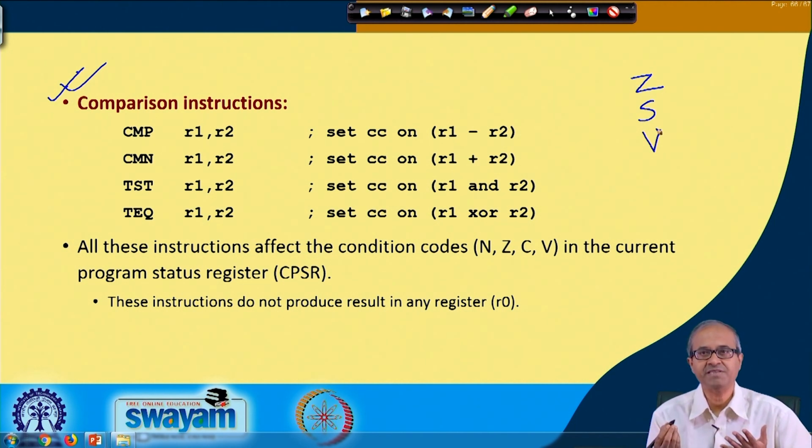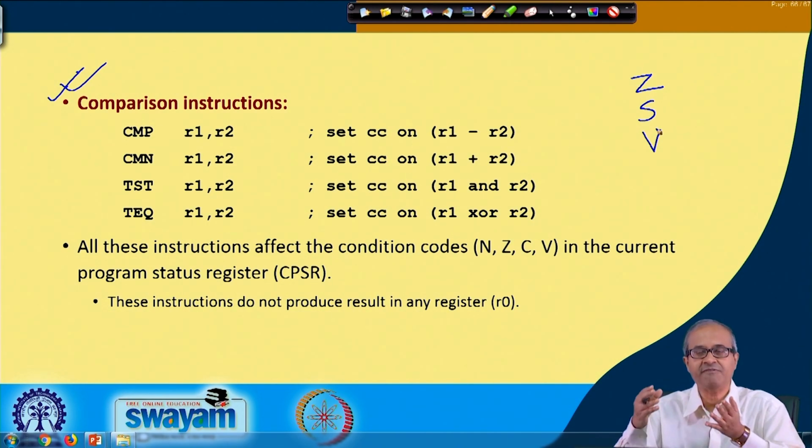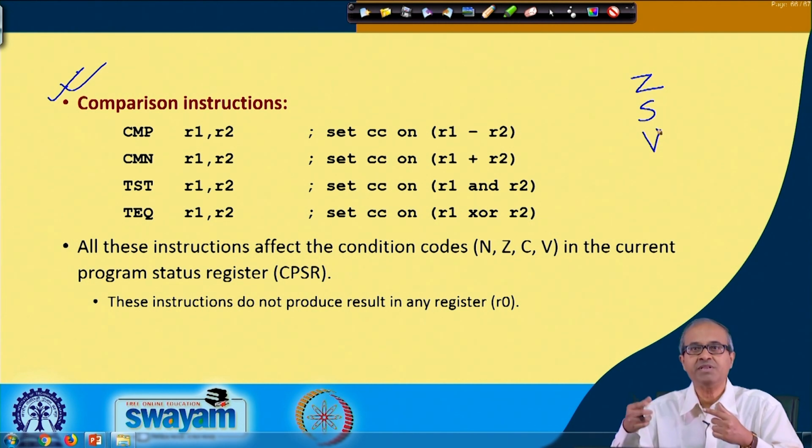So, these flags actually keep track of the results of some arithmetic or logic operation. When you add 2 numbers, these flags will keep track of whether the result was 0, whether the result was positive or negative, or whether an overflow took place because of that operation.